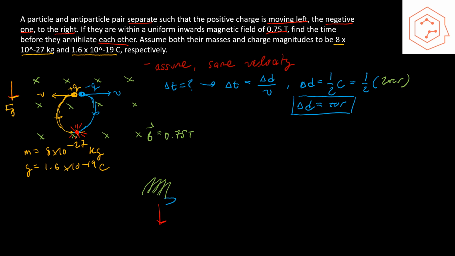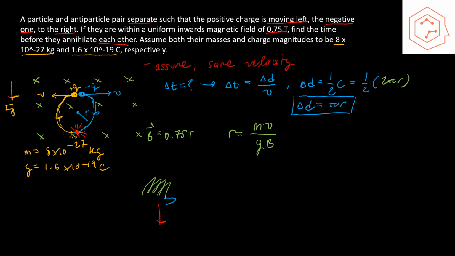So now we need an expression for the radius of this circle. We know from earlier that the radius of the circular path for a charge within a magnetic field, r, is equal to the mass of the particle times its velocity divided by its charge times the magnitude of the field.